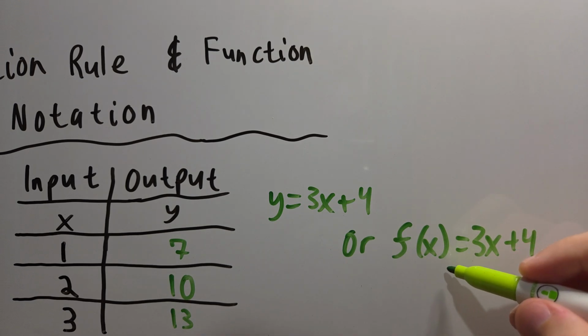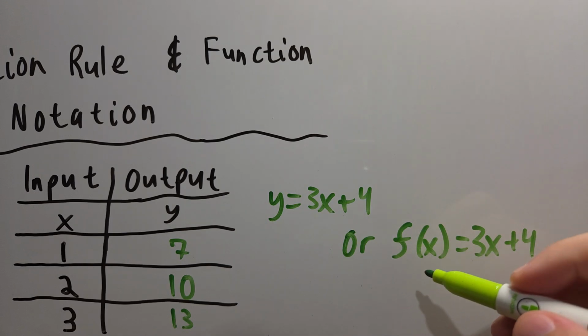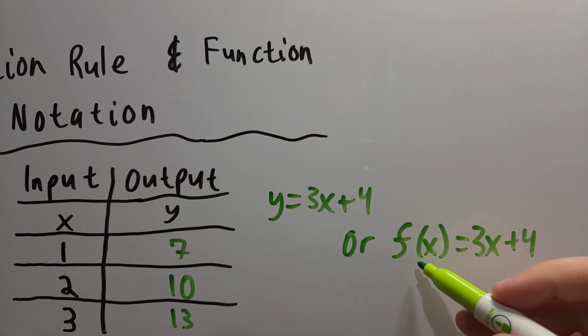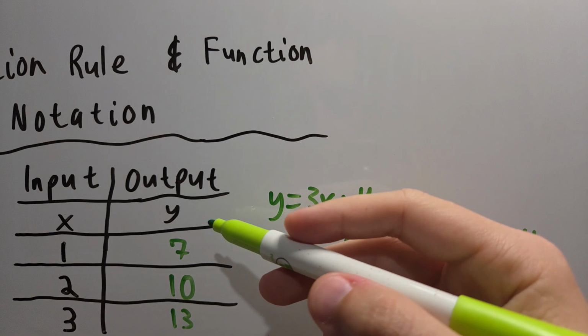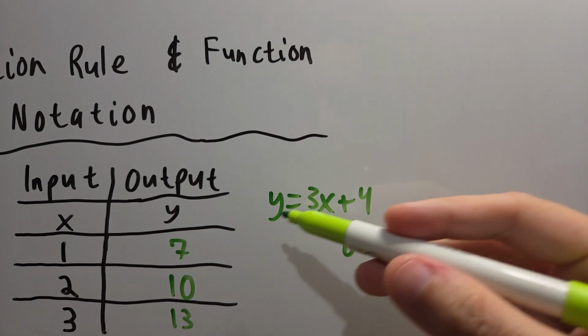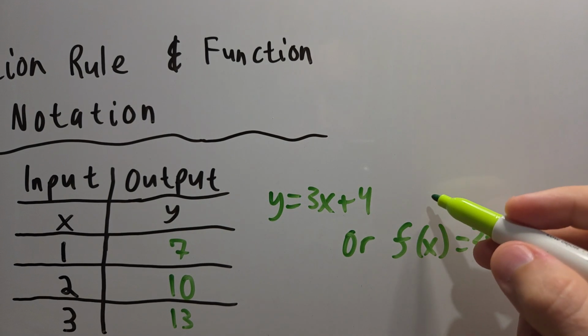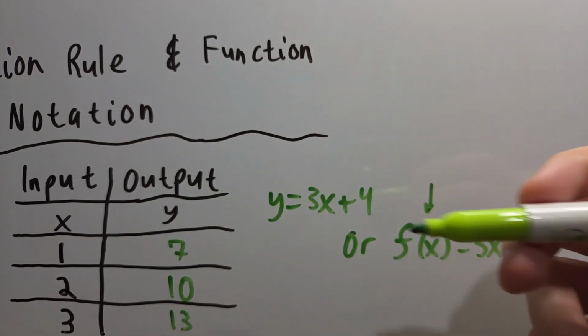This looks fancy. So a function is in function notation when you use f of x to indicate your outputs. So realistically, y and f of x mean the same thing. This is just a more formal way of saying output.